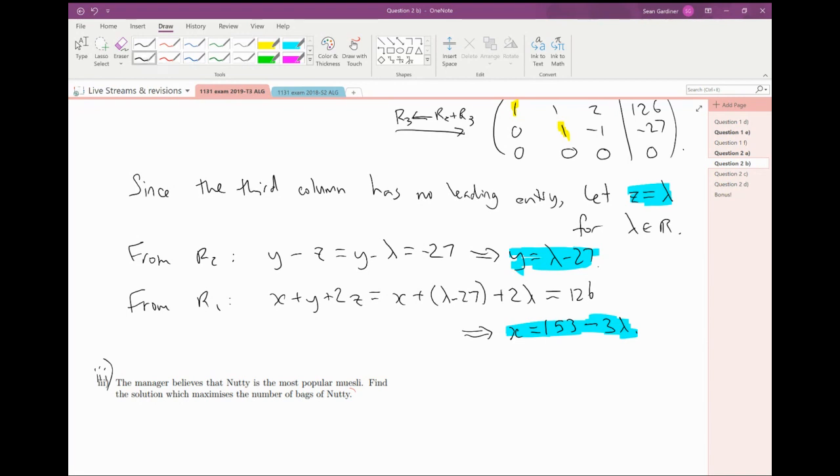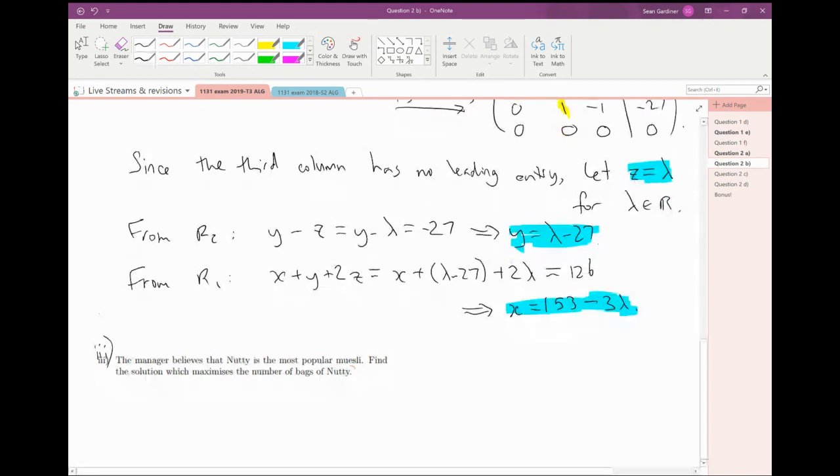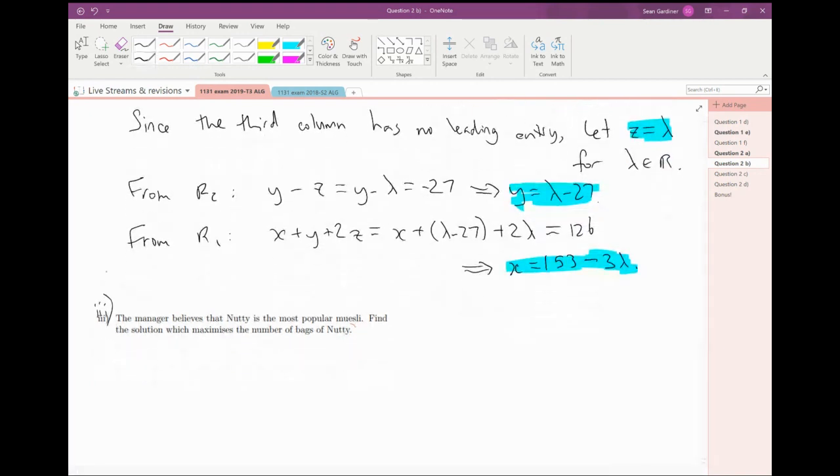The idea with these sorts of questions where we've got some parameterized set of solutions, but we want to find a maximal solution or something like that, is to work out what the natural restrictions are that will introduce this maximizing or minimizing factor, right? So in this case, what do I know?